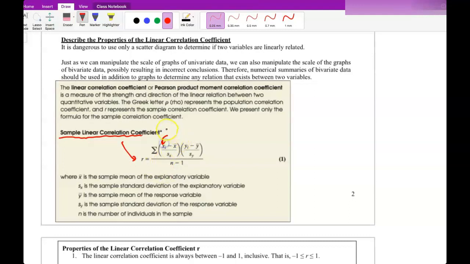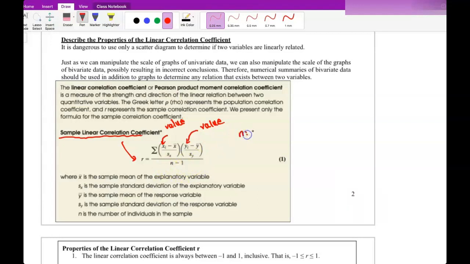Here, these x's are data values, and the y's are also data values. So these two are data values. And this n is the sample size.